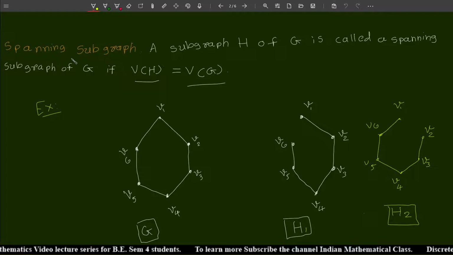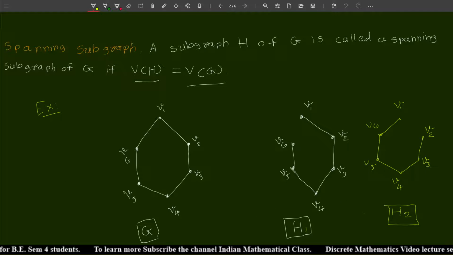Now, spanning subgraph. A subgraph H of G is called a spanning subgraph of G if the vertex set of H and the vertex set of G are equal. Let us understand this with the help of an example. I have considered the graphs G, H1 and H2.